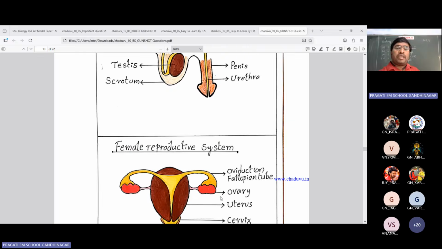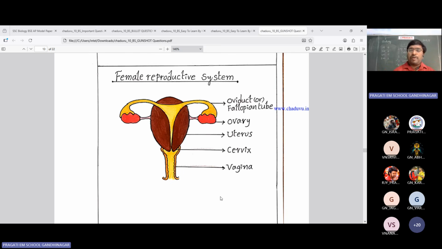And the next important diagram is the female reproductive system. After the neuron diagram, in old papers, from 2 to 3 years back, this is the common diagram, children. After the neuron, the female reproductive system is also a common, important diagram.